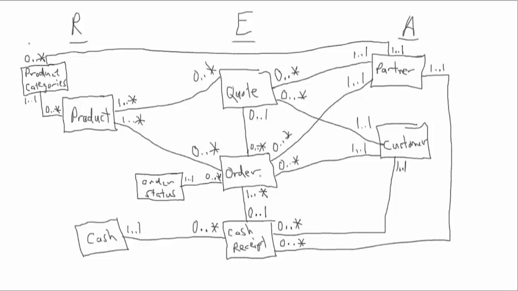Now, what happens when we have a many-to-many relationship? So here, if you take a look at our diagram, we've got two associations there that are many-to-many.